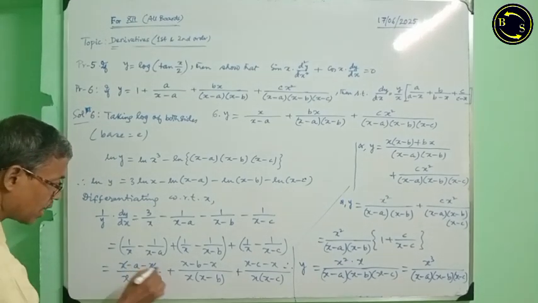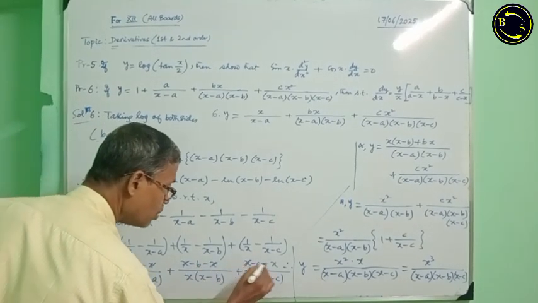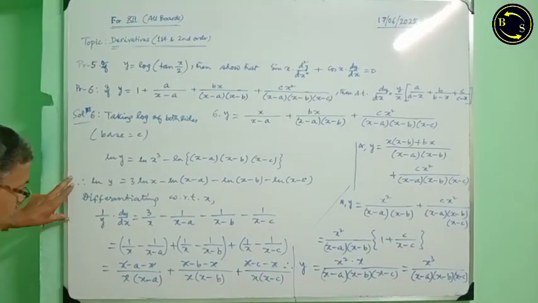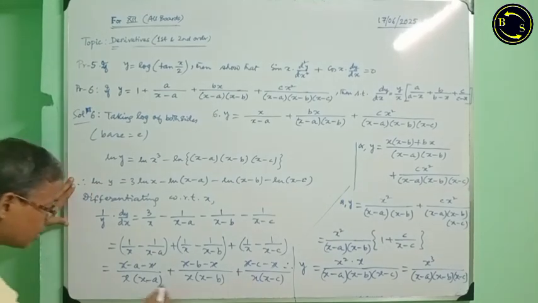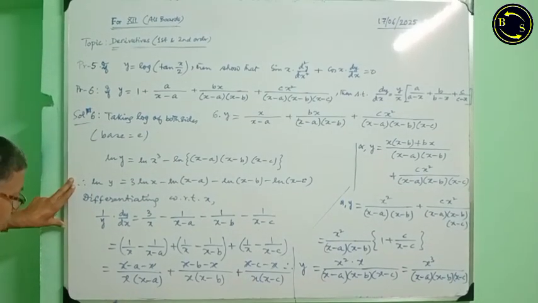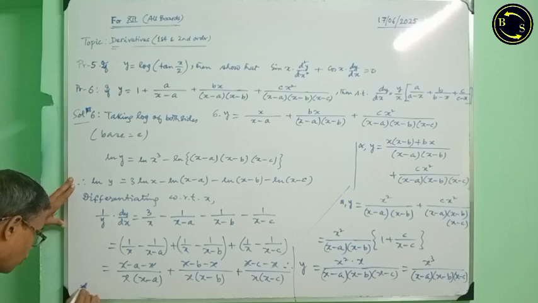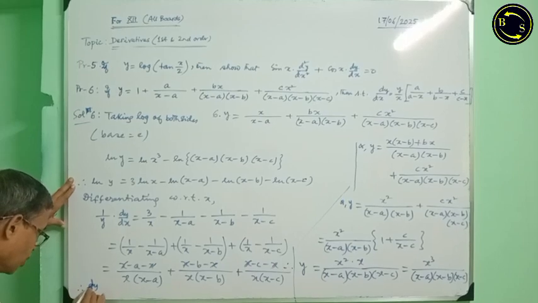These x's are cancelled finally, and x is a common factor from the denominator, therefore dy dx.